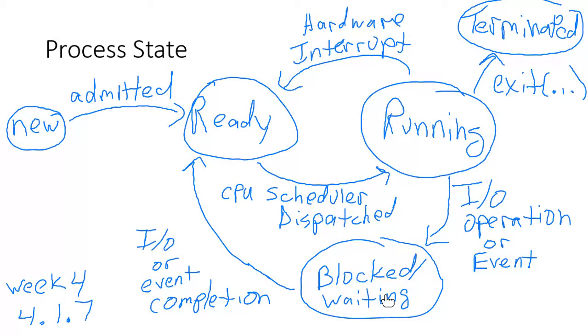The process is in the blocked or waiting state, definitely not having instructions executed. But when an I/O operation completes, what would alert the system, and in a way the operating system, that that operation completed?